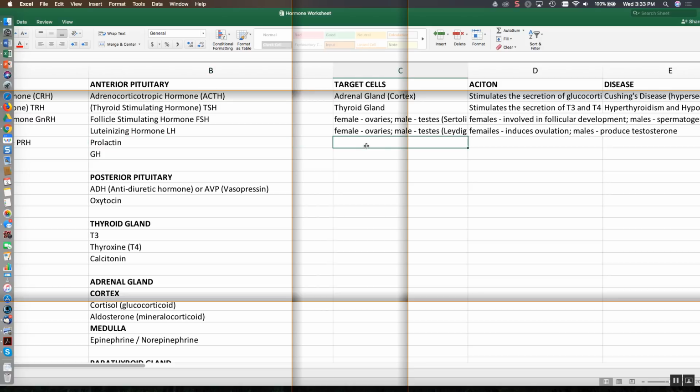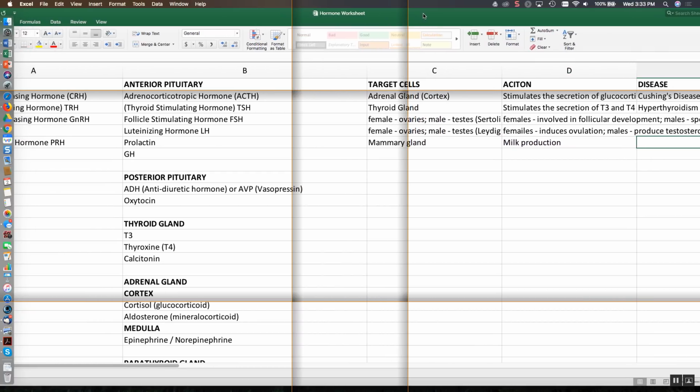Mammary gland. Mammary gland. And what does it do? No, close though. Milk production. Milk production. And we didn't really talk about a disease, so I'm leaving that blank.